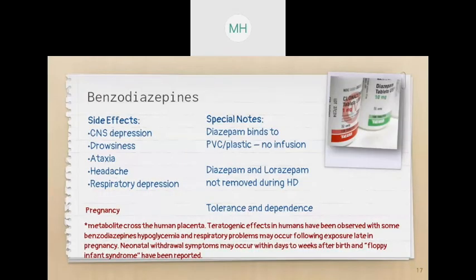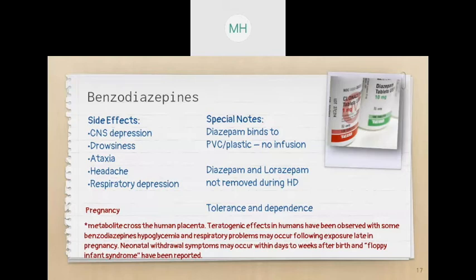As for the side effects, we have CNS depression, drowsiness, ataxia, headache, and respiratory distress. Diazepam binds to PVC plastic, so we don't give it as an infusion through plastic because it will stick to the plastic and won't deliver. It's not recommended.